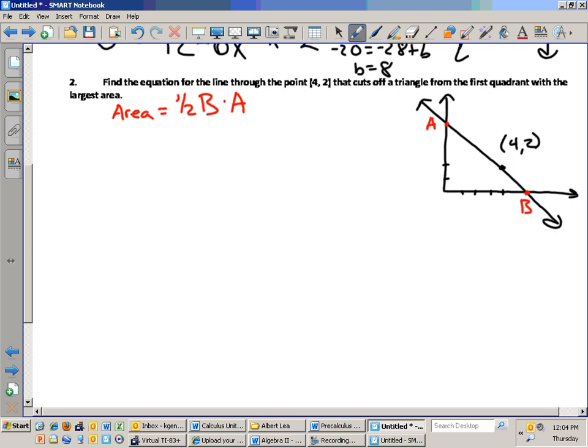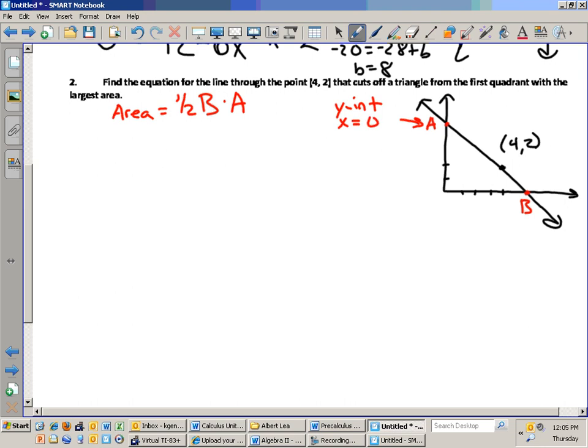So tell me something interesting about A. What does A represent? The height. What does A represent for the line? The y-intercept. So A represents the y-intercept of the line, and the y-intercept has an x value equal to 0, okay?